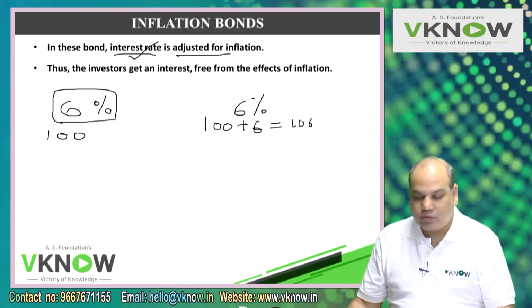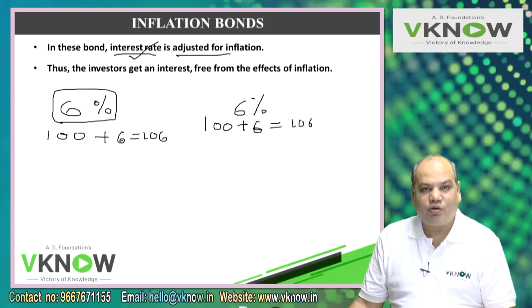Commodities which will cost you 100 rupees today, the same basket of commodities will cost you 106 rupees after a year. That is inflation. So have you really gained by investing in a government bond? The answer is no. In fact, sometimes the inflation rate may be say 8%.